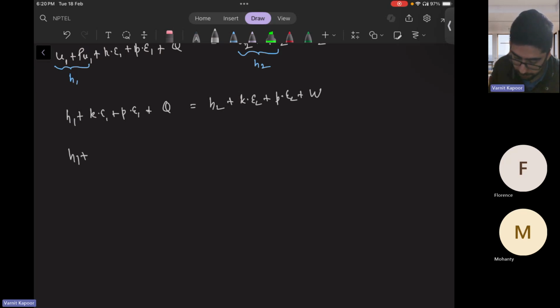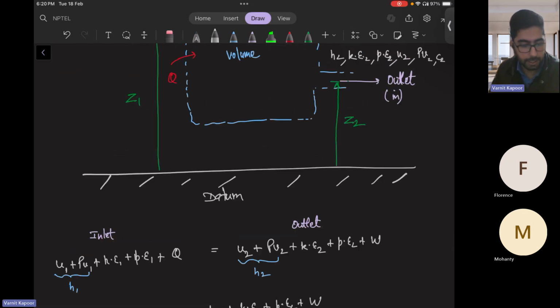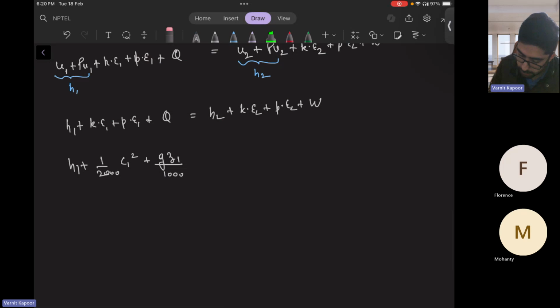So I'll write h1 plus 1 by 2000 c1 square, velocity at inlet. Similarly for the potential energy head as well, g z1 by 1000. Again, z is in meter, g is in meter per second square. You want to convert it to kilojoule per kg, so divide by 1000. So z1 is the head, plus heat interaction.